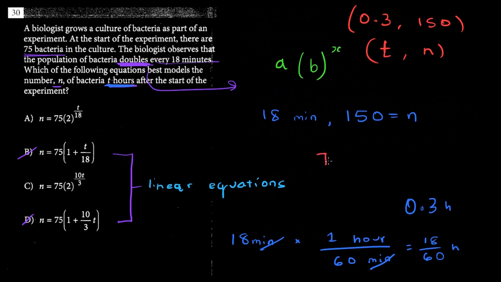So we have 75 times 2 raised to 10 times 0.3 over 3. This is all over the place, but I hope you can follow.